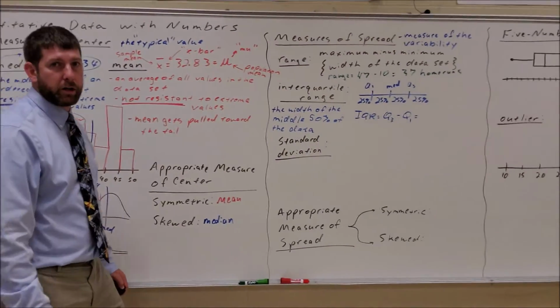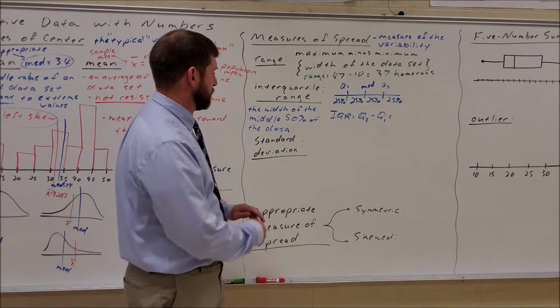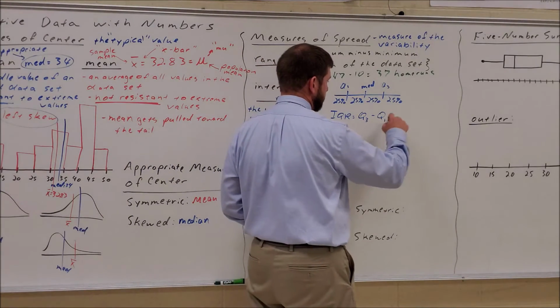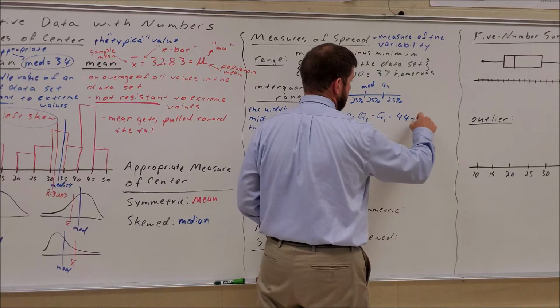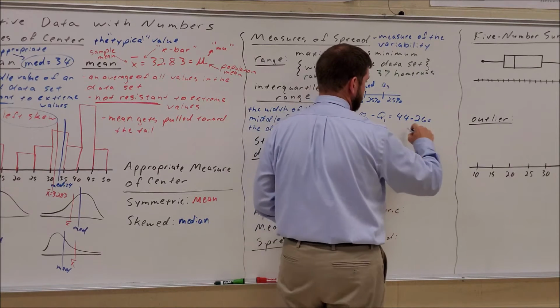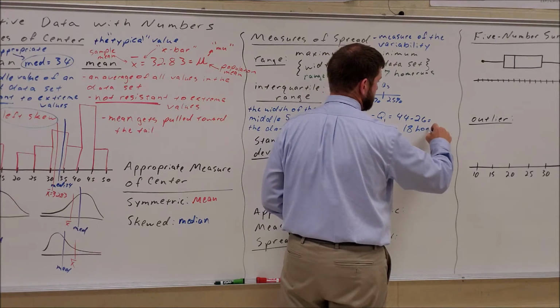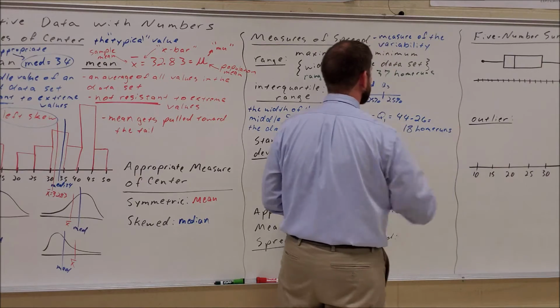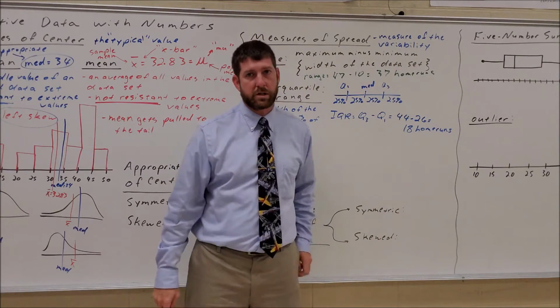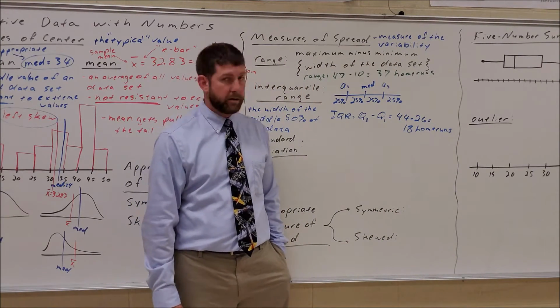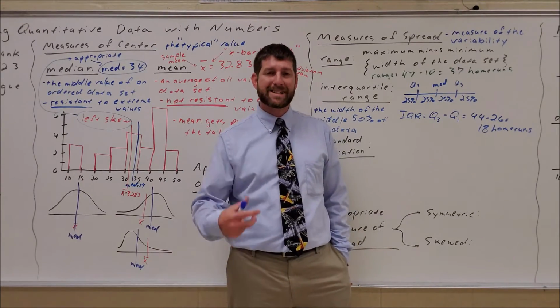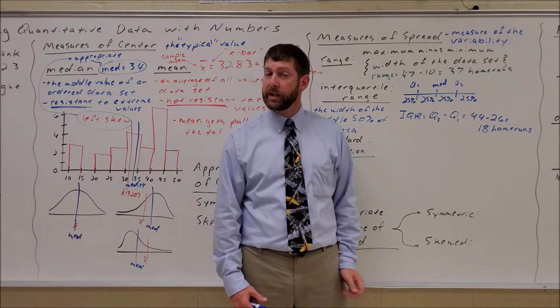So our Q1 and Q3 give us 44 home runs minus 26 home runs. Our interquartile range becomes 18 home runs. While his overall number of seasons varied by 37 home runs, his typical seasons varied by only 18 home runs.